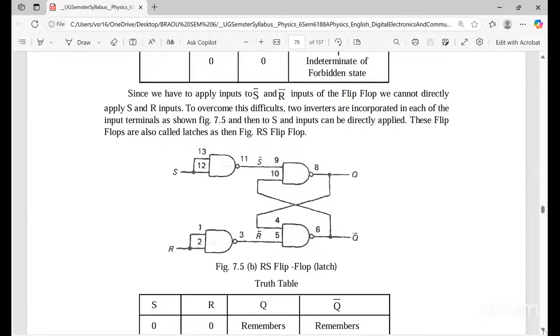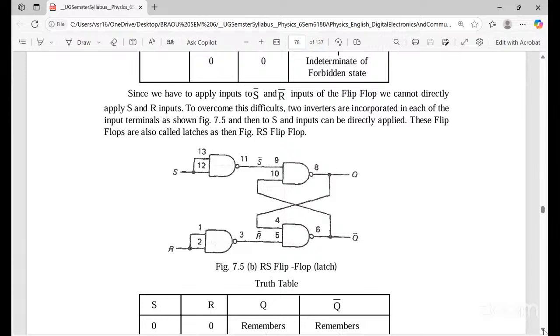So here we have to apply to the S and R inputs of the flip-flop. So we cannot directly apply the S and R inputs. So that it is very difficult for us to overcome this. 2 inverters are incorporated in each of the inputs. Okay. So S means S bar, R means R bar. These are the inverters.